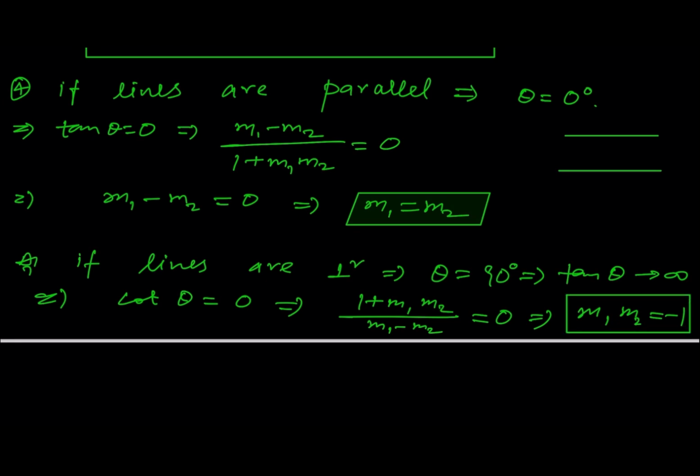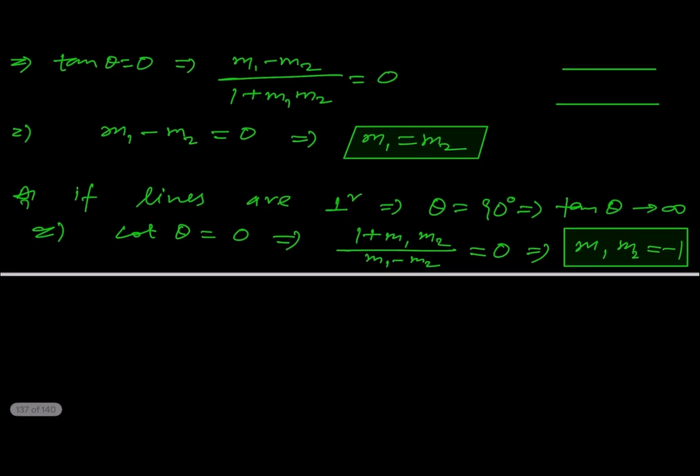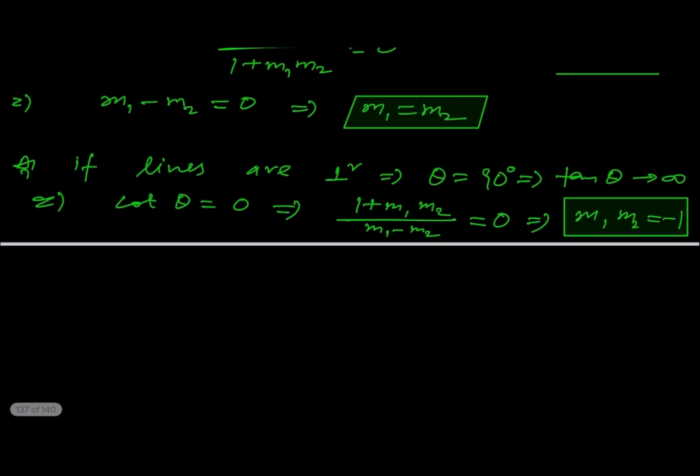Okay. Means if lines are perpendicular then m1 m2 is equal to minus 1 in general.